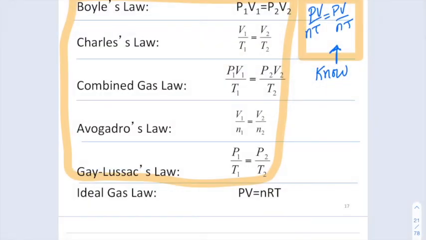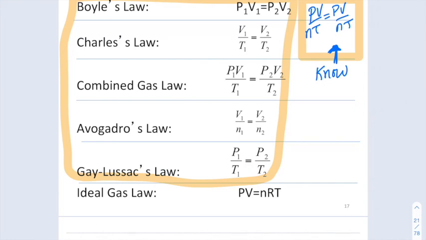All right, so the last thing that I want to talk about today is our different laws: Boyle's law, Charles' law, combined gas law, Avogadro's law, and Gay-Lussac's law. So back in Chem 2, you might have had to memorize all those formulas. What I'm going to tell you is you do not need to memorize the individual formulas, but what I do want you to know is this formula right over here, PV over NT equals PV over NT.